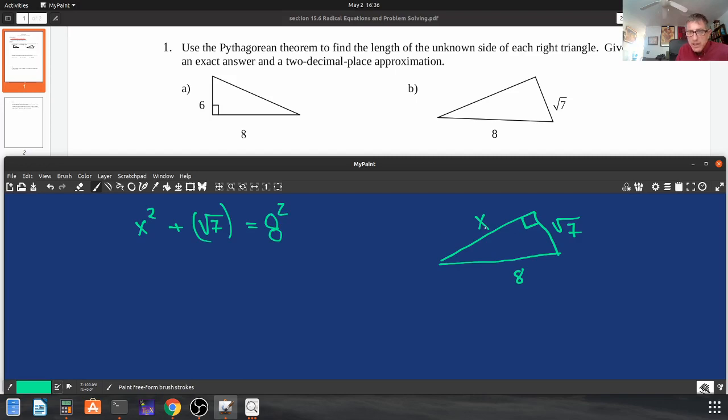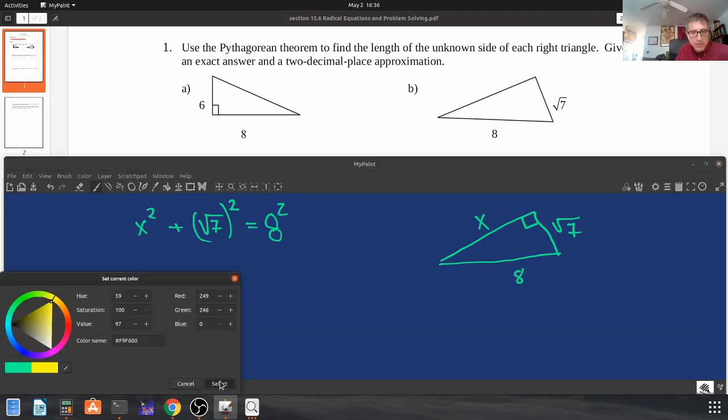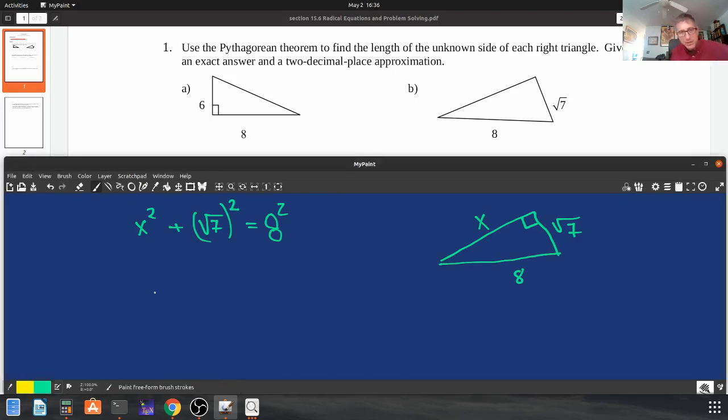So here's leg 1 plus leg 2, so x squared plus the square root of 7 squared is equal to the hypotenuse squared. So that's x squared is equal to 8 squared minus the square root of 7 squared.